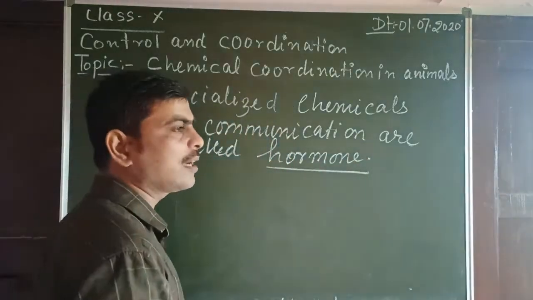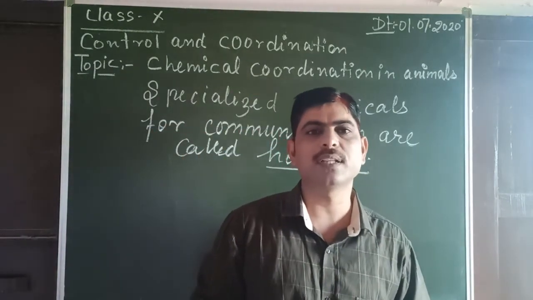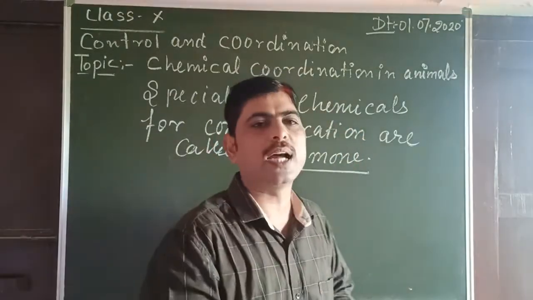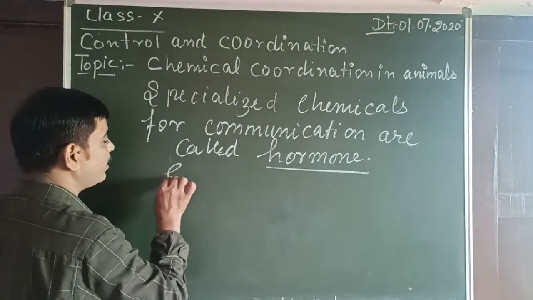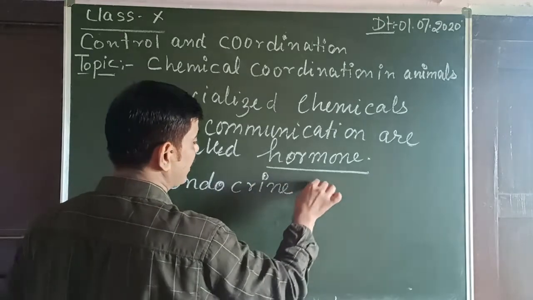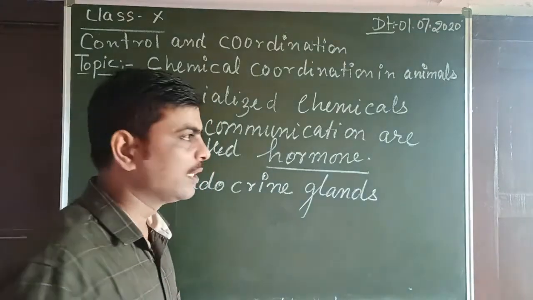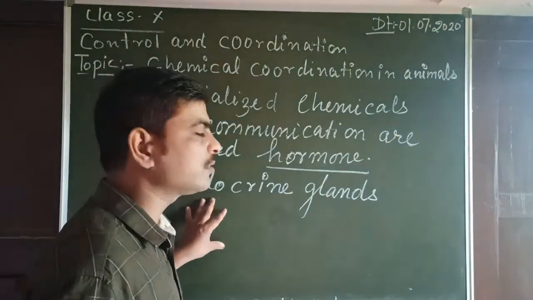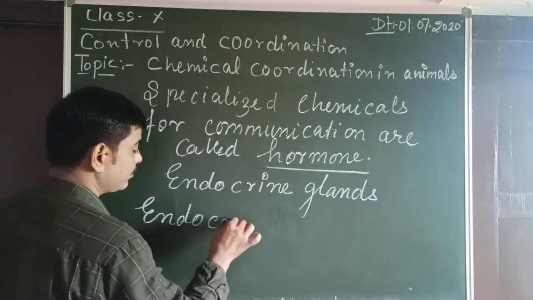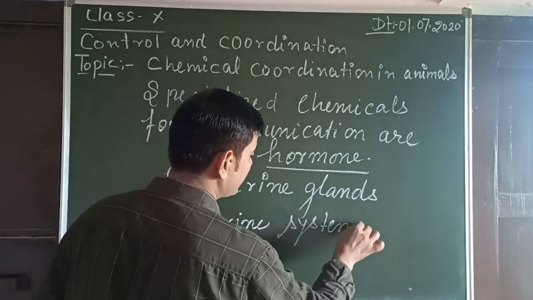These hormones are secreted by specialized cells in the body. Those cells which are specialized to secrete certain kinds of hormones are called endocrine glands. These endocrine glands together make the endocrine system. You will study this endocrine system in the next video.